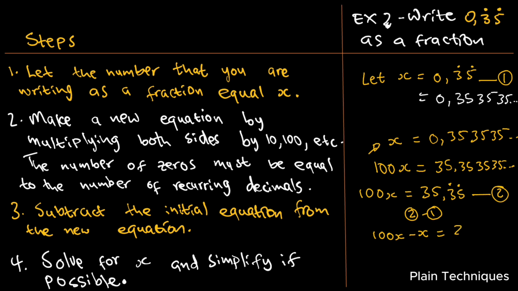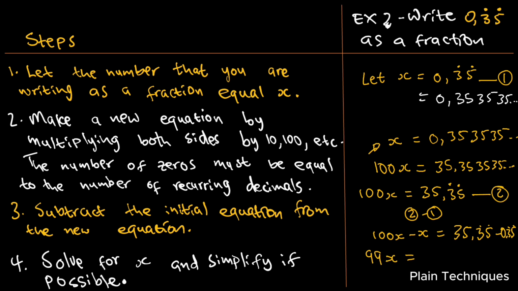So that will be 35. 35 dot dot minus 0 comma 35 dot dot. I hope you can see that. So 100x minus x, that is 99x, right?